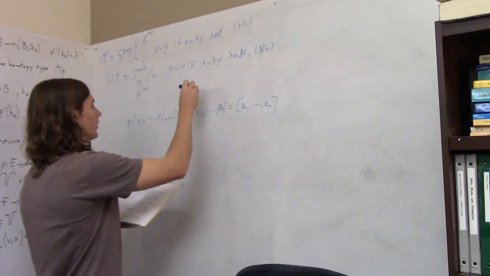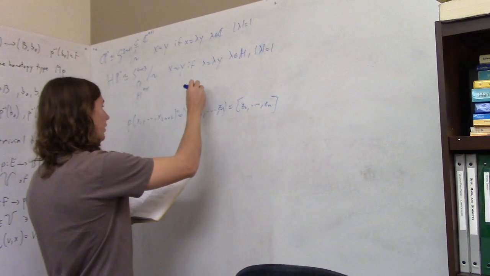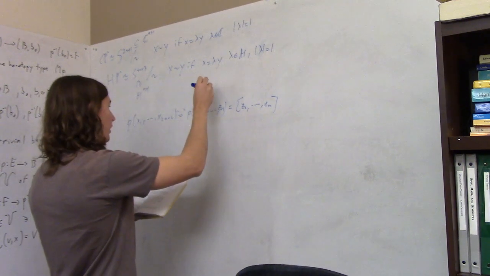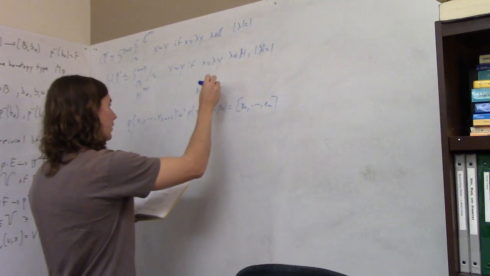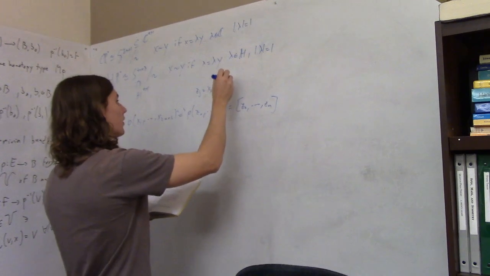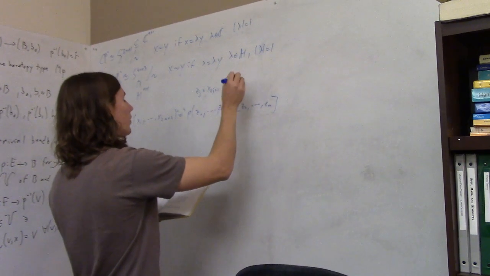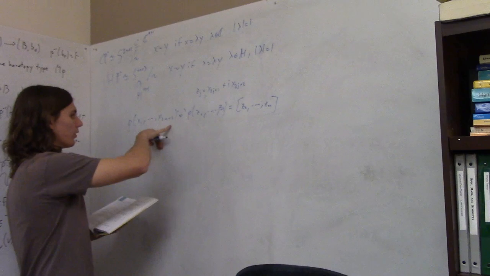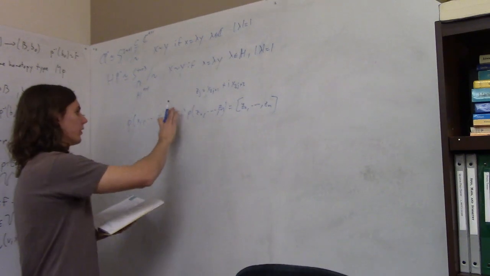Right, where in this case, zj is going to be equal to x2j plus 1 plus i times x2j plus 2. Right, so we can see R2n plus 2 equivalent to Cn plus 1.